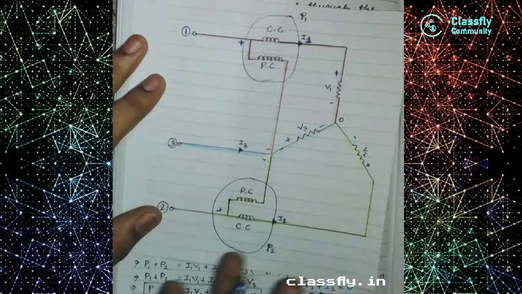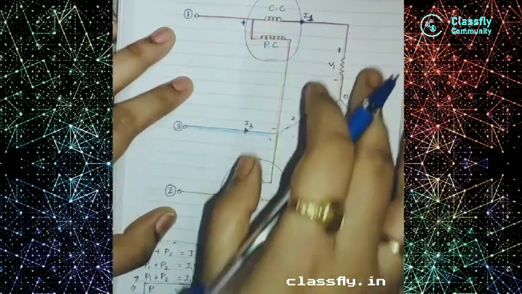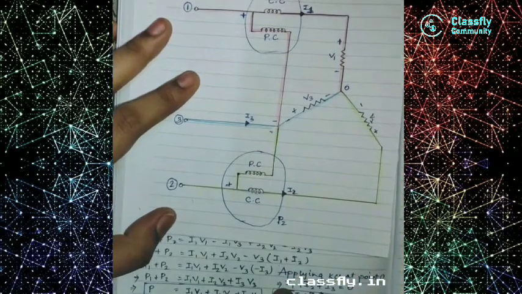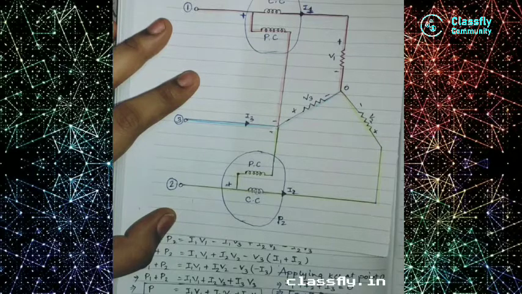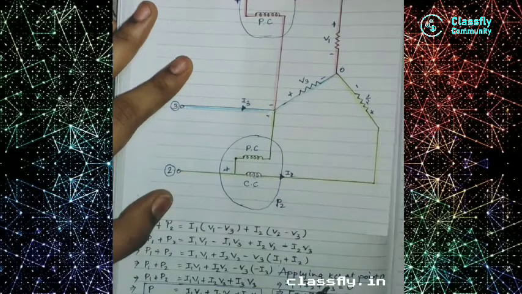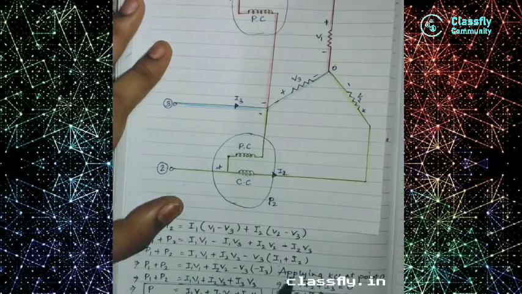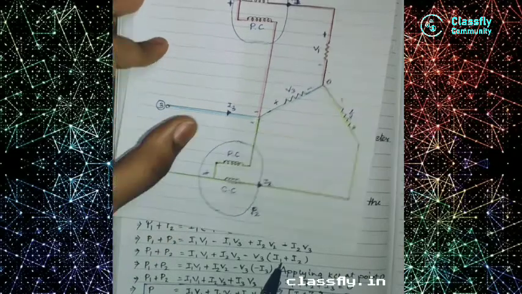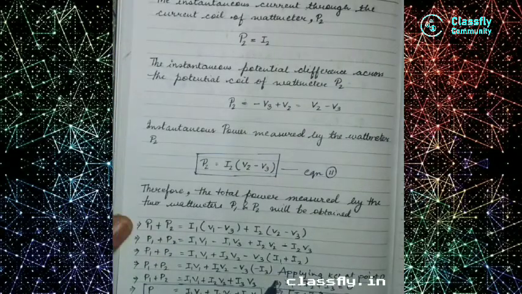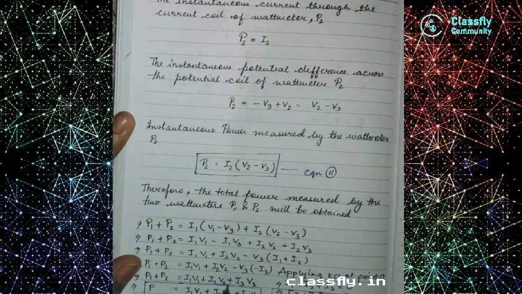So I1 plus I2 plus I3 becomes equal to 0. So I1 plus I2 becomes minus I3. We place this value here, so it becomes minus minus plus, and we get I3 V3.